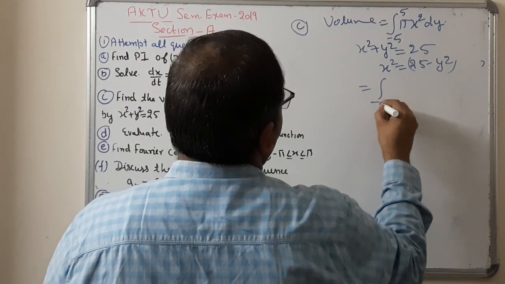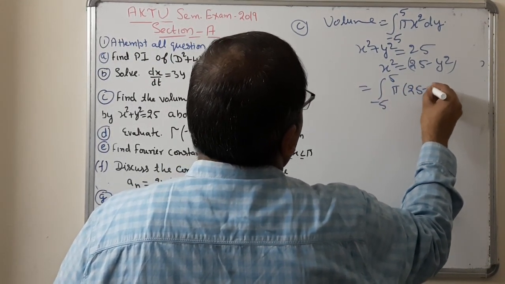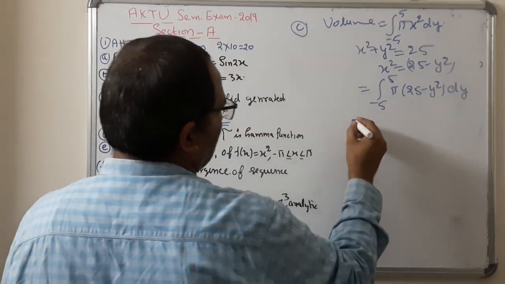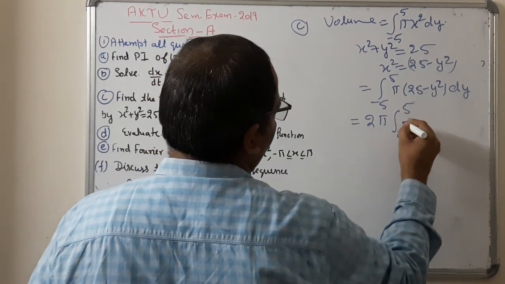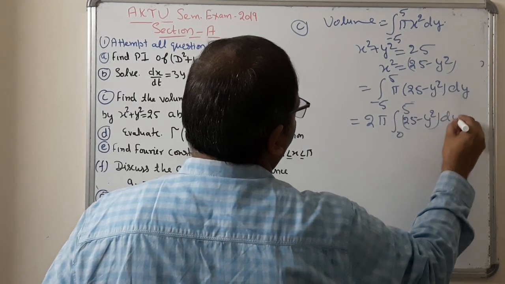Put here minus 5 to 5, pi times (25 minus y square) dy. Because it is an even function, you can write this as 2 times pi, taking pi common, 0 to 5, (25 minus y square) dy.